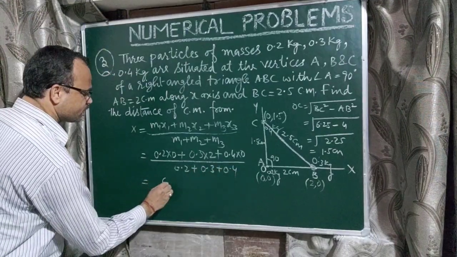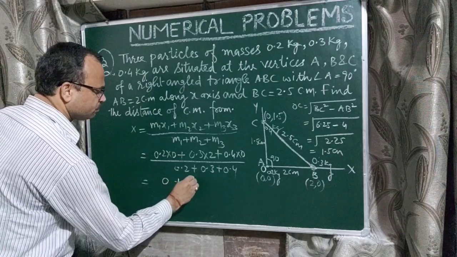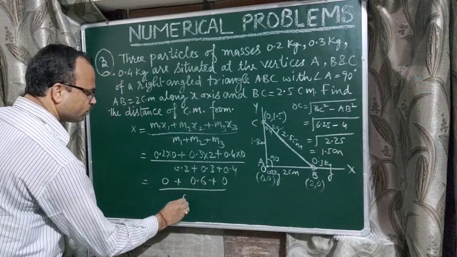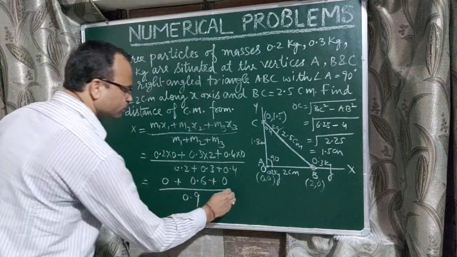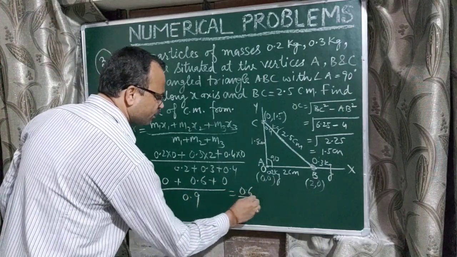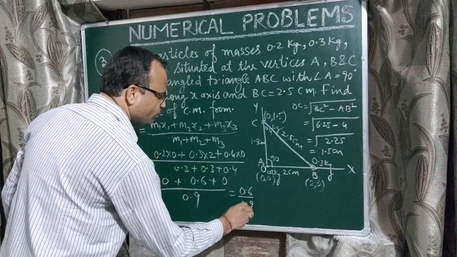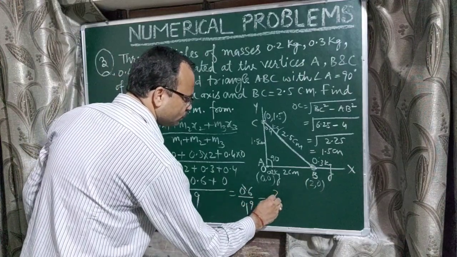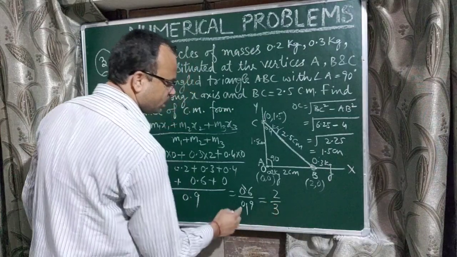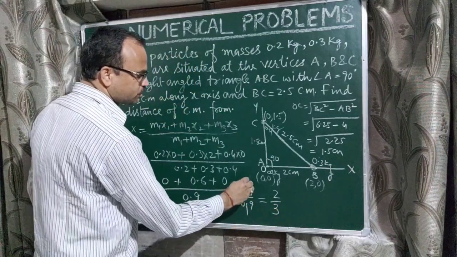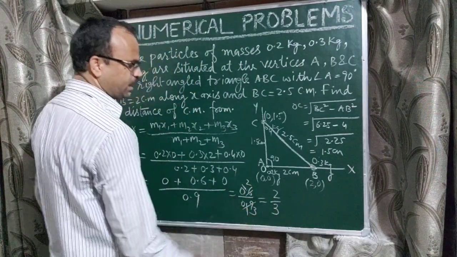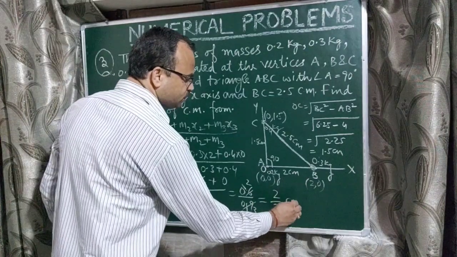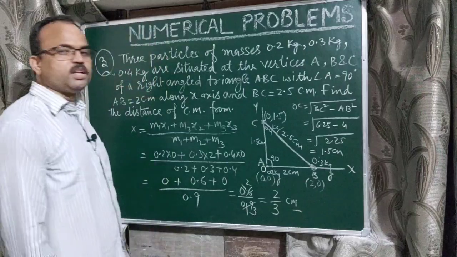First term 0, second term 0.6, third term 0, upon 0.9. So we can write 0.6 upon 0.9, the decimal points cancel, or we can write 2 by 3. So the x coordinate of the center of mass is 2 by 3 centimeter.